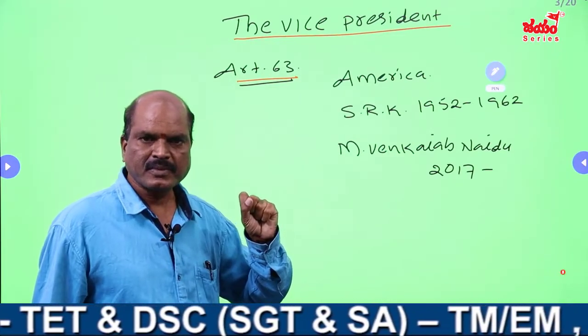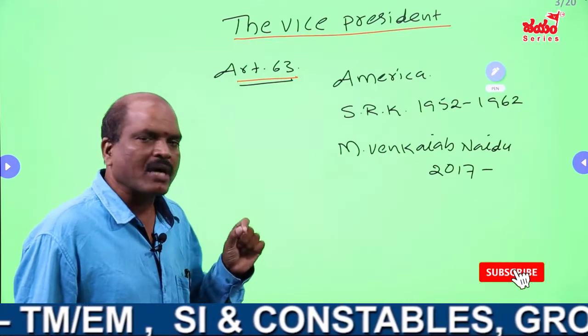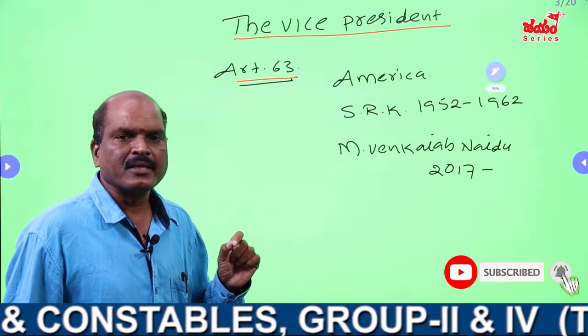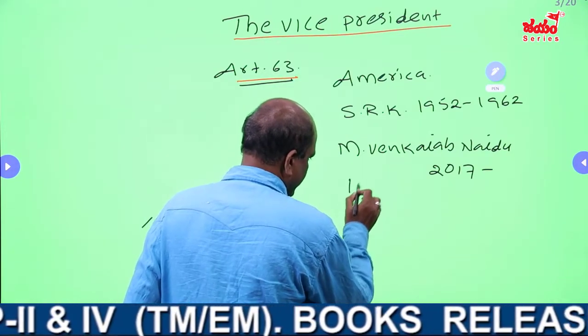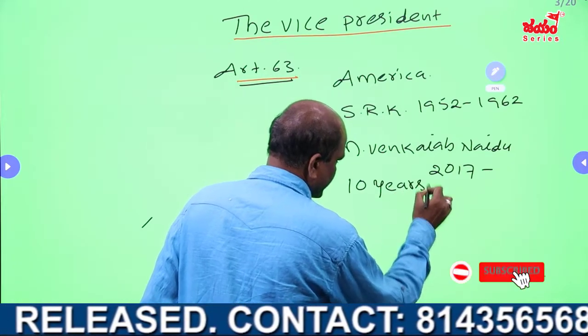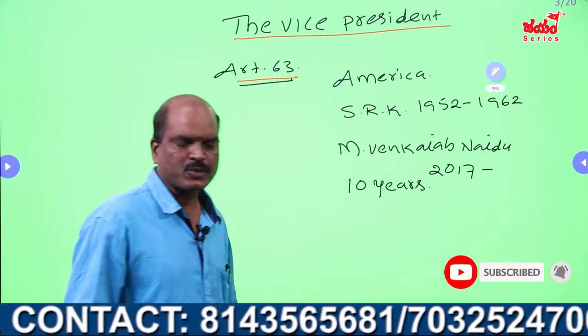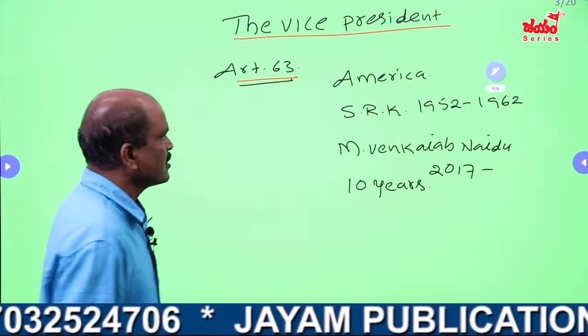Radhakrishnan and Hamid Ansari both continued in the Vice President office for 10 years. Each one continued in the Vice President office for 10 years.